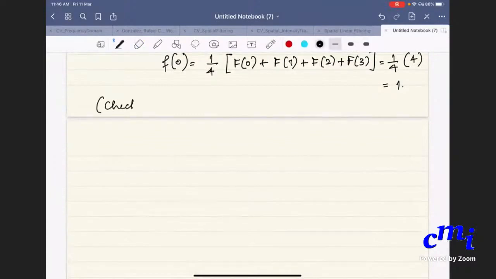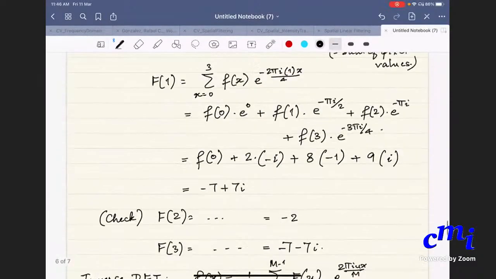Check that f of 1 is 2, f of 3 is 8, and f of 4 is 9, as it is expected.